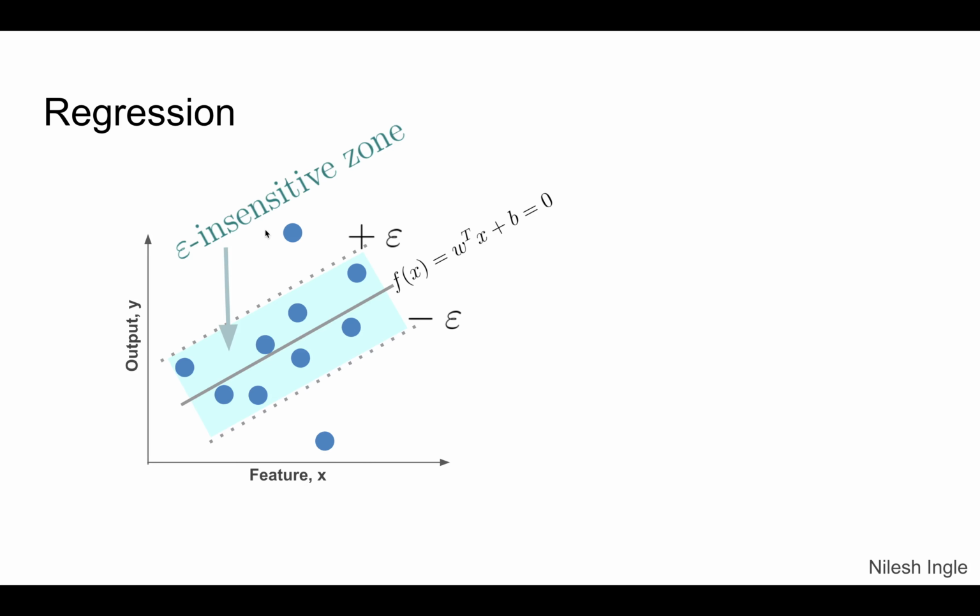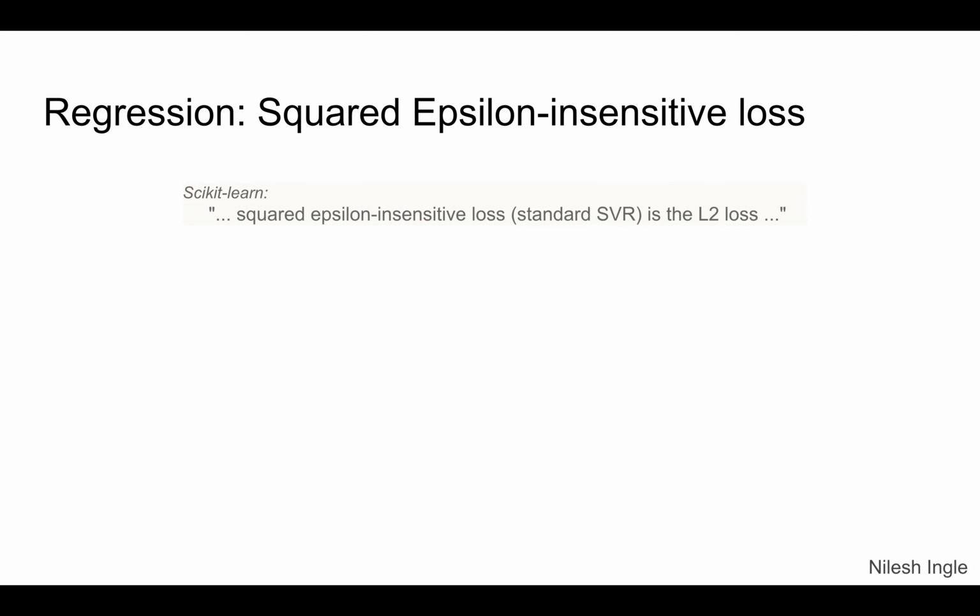I like to think about this as it getting less and less strict, and so starting to move towards underfitting as the epsilon insensitive zone increases. The squared epsilon insensitive loss is similar to what we've seen earlier: the epsilon insensitive loss is squared.